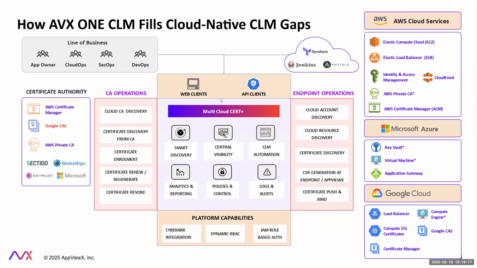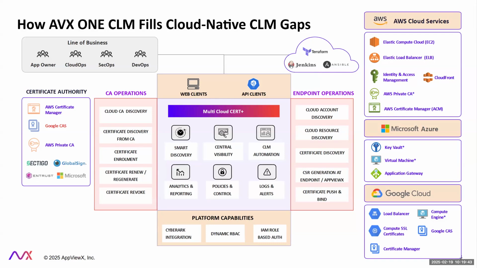In case you're discovering hundreds of AWS accounts through AppViewX, we can restrict them to a specific cloud account and a specific set of certificate resources using our role-based access control. Other than this, they can also configure certificate expiration, compliance status, and create custom dashboards based on their need.